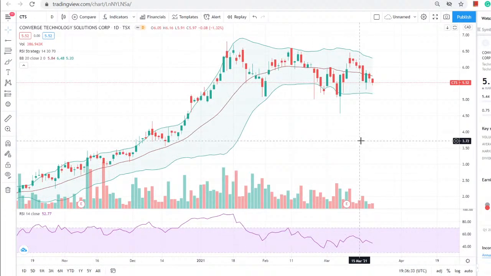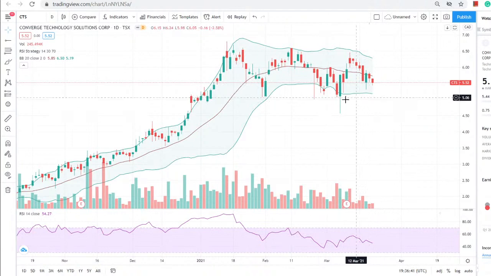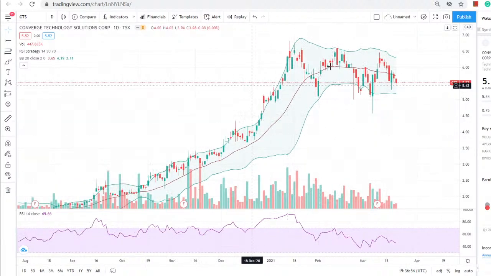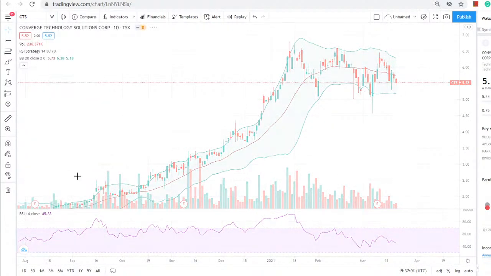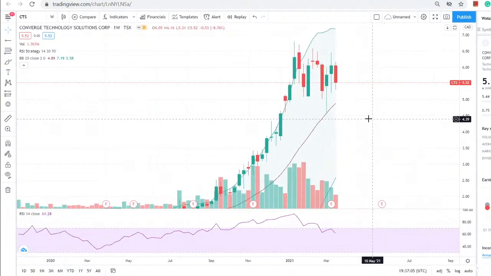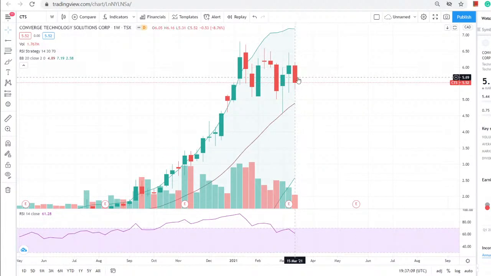Right, for CTS, it's on a downtrend. RSI is downward. It has a support at around 5.1312. On the weekly chart, it has formed a red candle.